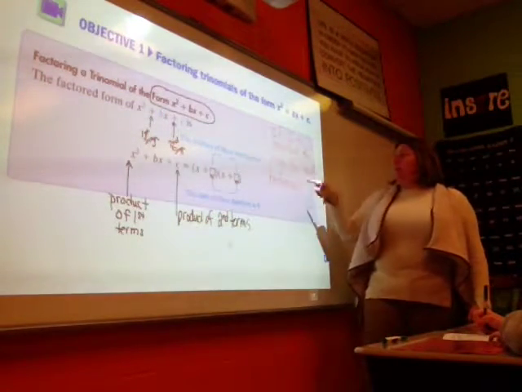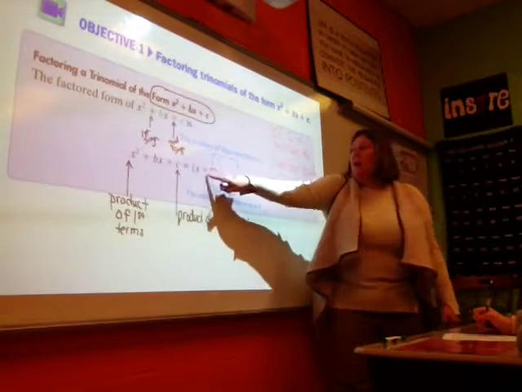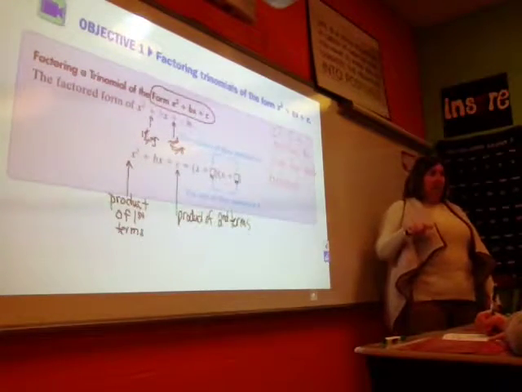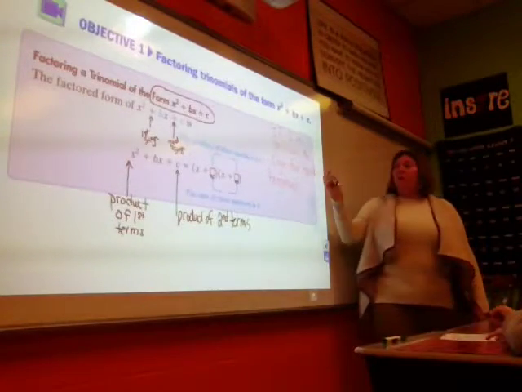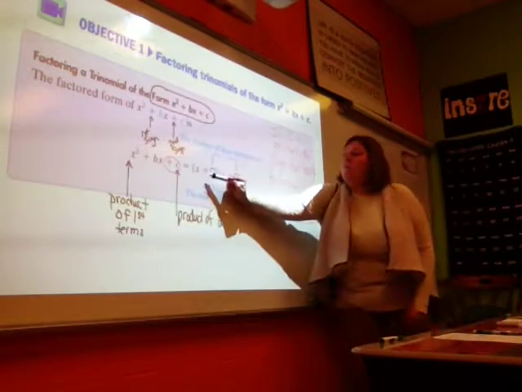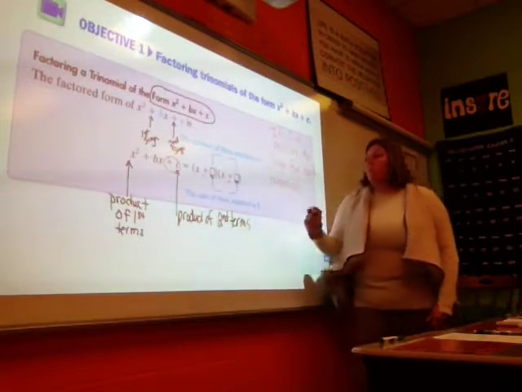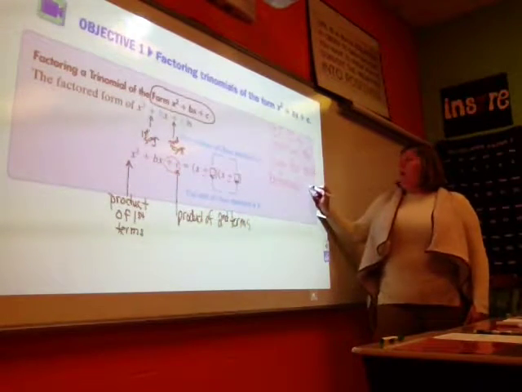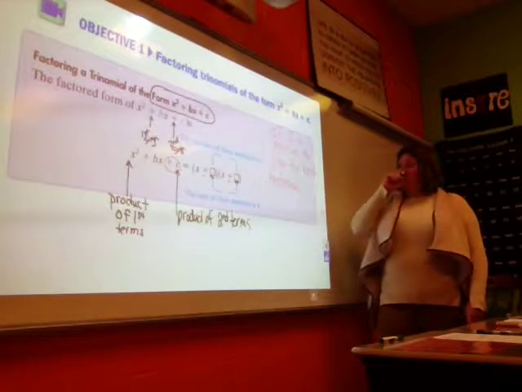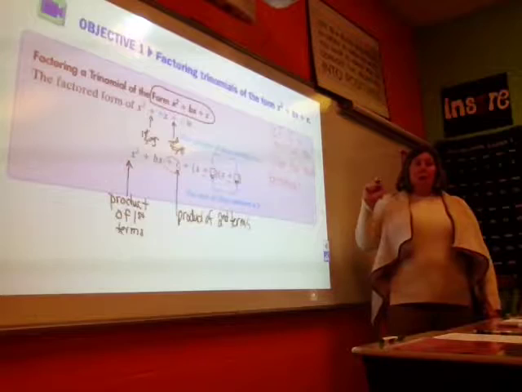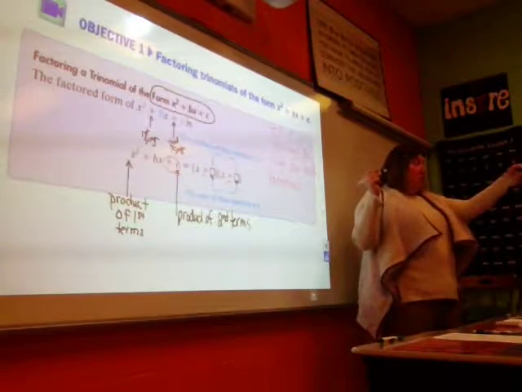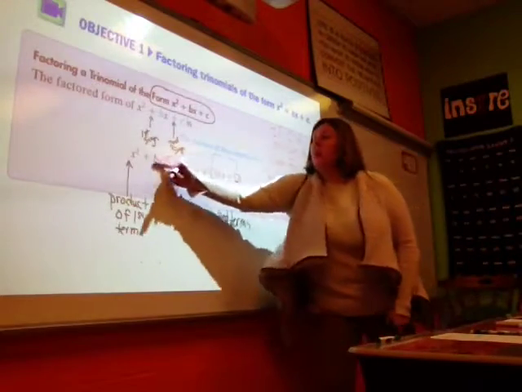So the sign for both binomials, so both of these signs right here, okay, does that make sense now? All right, so if this C is positive, the signs of both of these binomials have to be the same, and they have to be positive or negative. Well, how do we know which one? They have to be the sign of the BX.